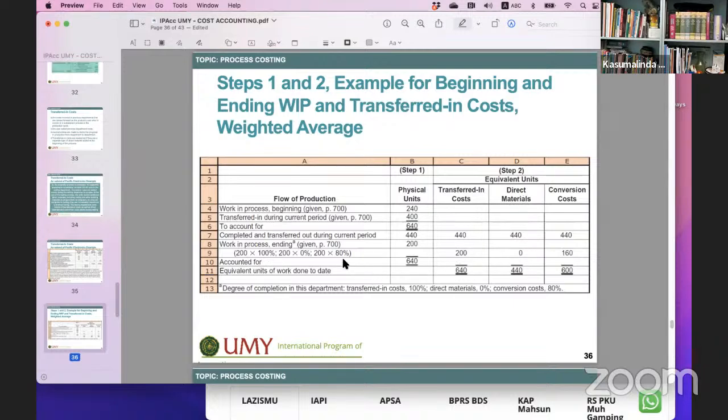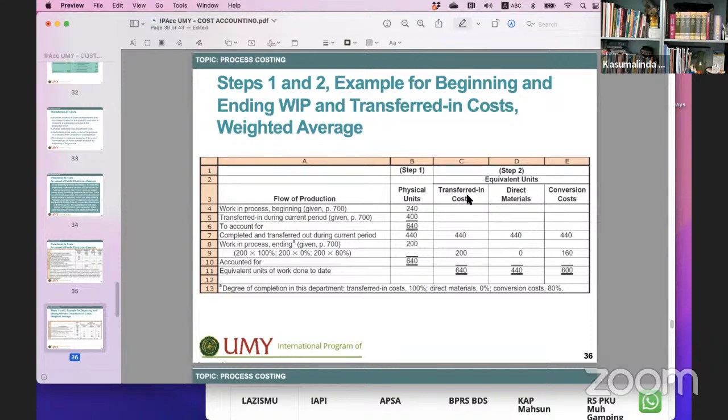Because the process stops at 80%. How do we know the process stops at 80%? We refer to the conversion cost, because conversion cost occurs uniformly with the process. So the process is 80%, stopping here at 80%, and then we need to ask, at this level, is direct material being added or not? Is it already added or not?